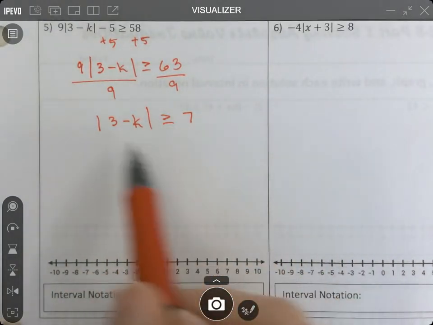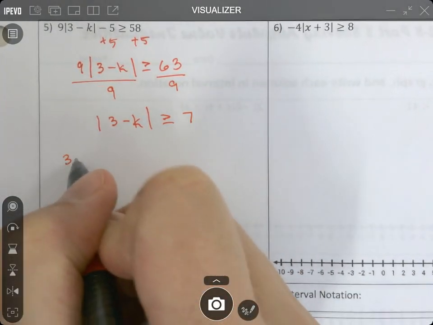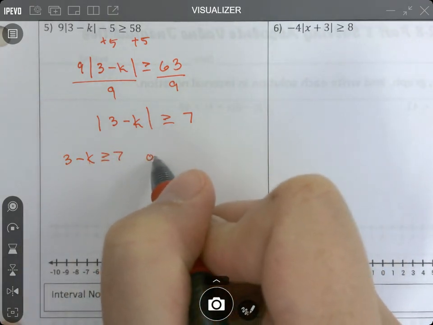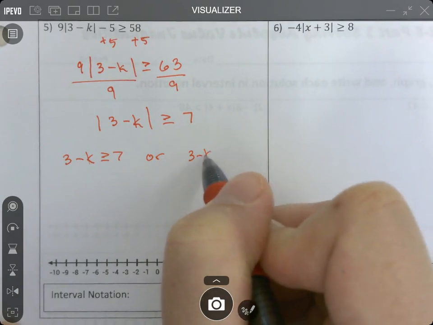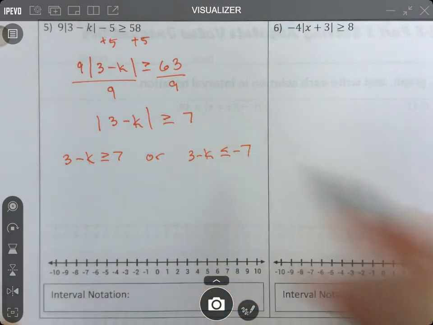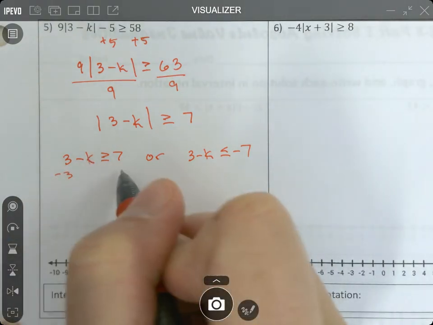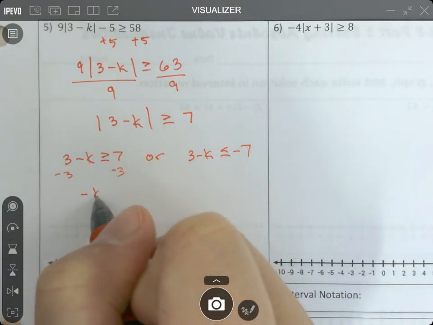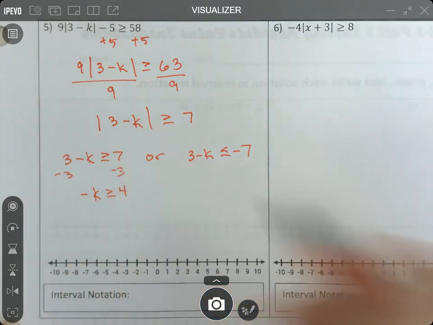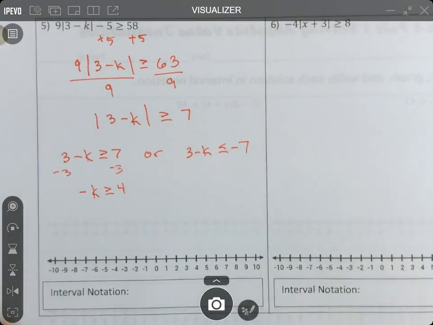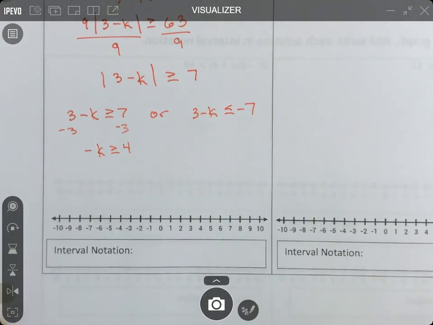So here's what I have: 3 minus k is greater than or equal to 7, and I said great or, right? And then 3 minus k is going to be less than or equal to negative 7. Are we good there? Okay, I'm going to subtract 3. So negative k is greater than or equal to 4. Can I have a negative k? Uh-oh, people are erasing. Did I do something or did you do something?